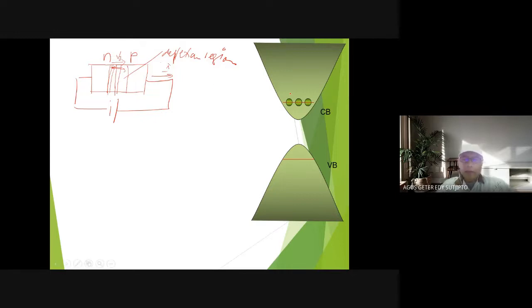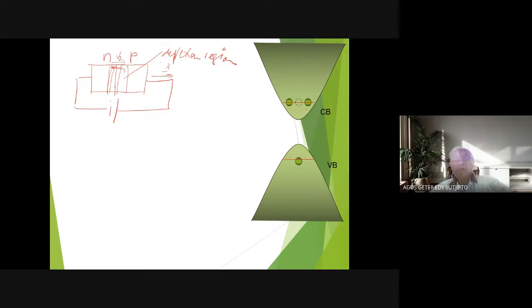So in such a case, there is the moving of electrons from the higher level, from the bottom of the conduction band, to the upper part of the valence band. So they recombine.